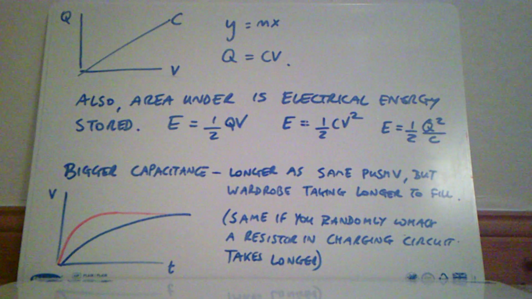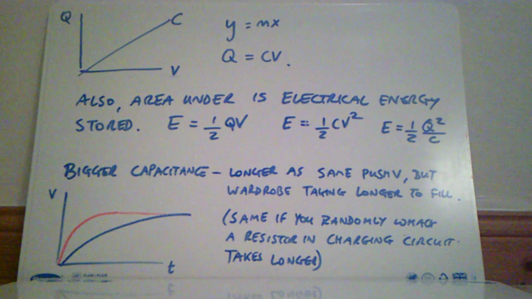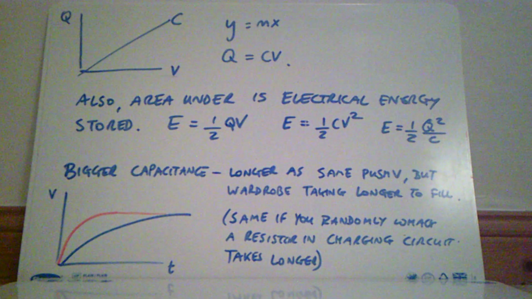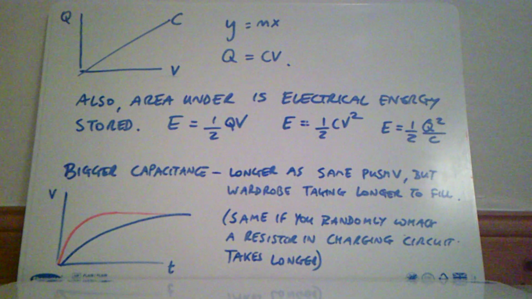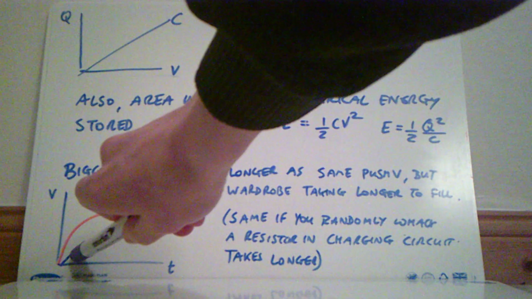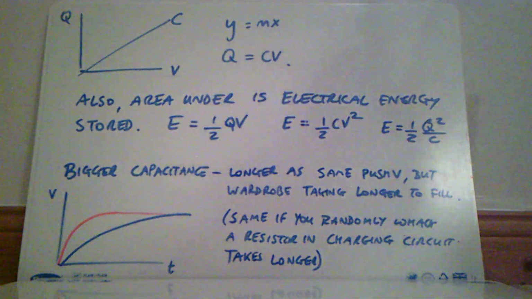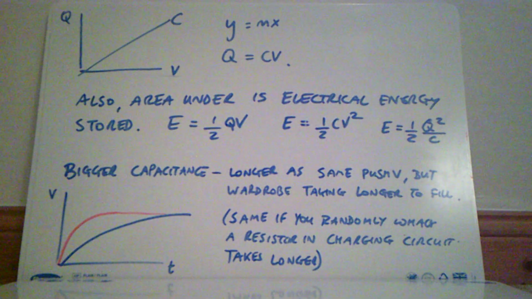If you have a bigger capacitance capacitor, let's say your taser needs a lot more energy, let's say you want to pimp your taser and you want a lot more energy to be stored, then you will swap out your capacitor for a bigger capacitance capacitor. So how would that affect the shape of the graph? Well, your bigger capacitance capacitor will take longer to charge up, because it's like having a much bigger wardrobe.